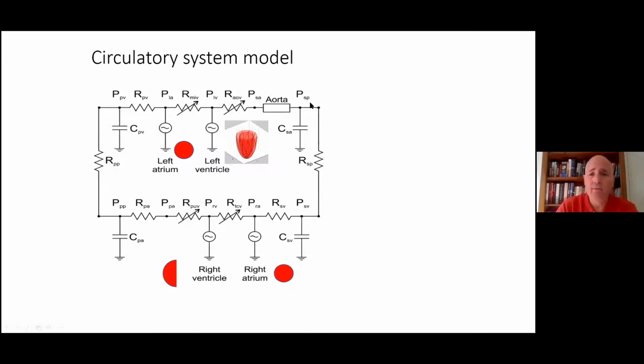And one thing that's a bit different about our model as well is that we have a one-dimensional model of the aorta that allows wave reflections. And so we can utilize these parameters as well. The important thing to note is that all the properties that I'm going to talk about, meaning contractile force, stiffness, resistances, impedances, are all represented by this diagram.